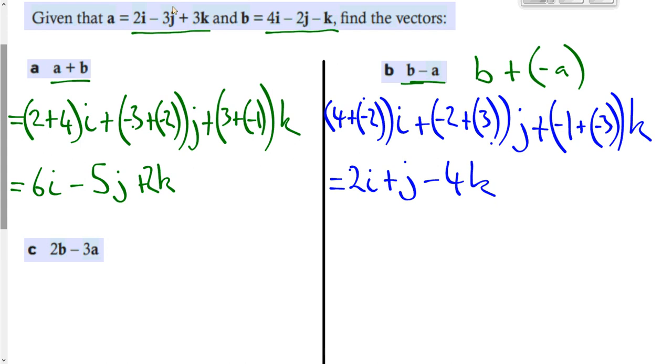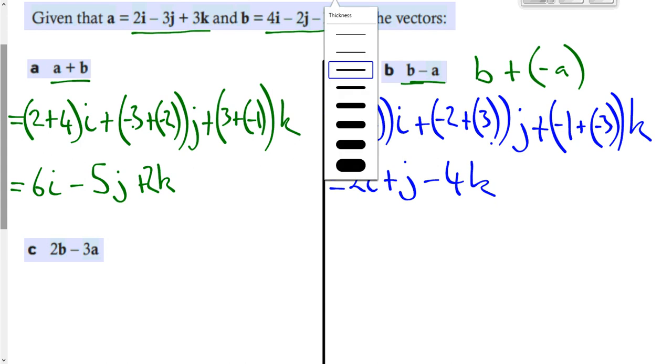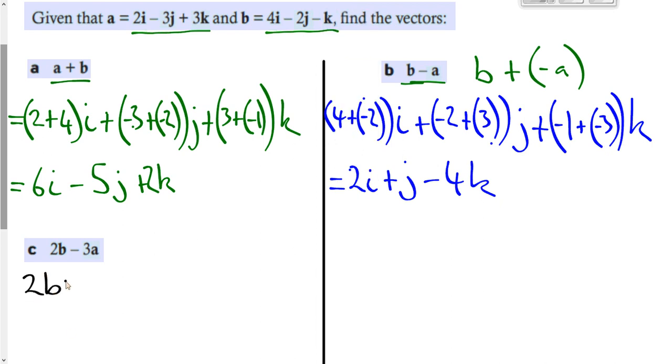So I can rewrite that and go, what's my 2B? It will be equal to 8I minus 4J minus 2K.